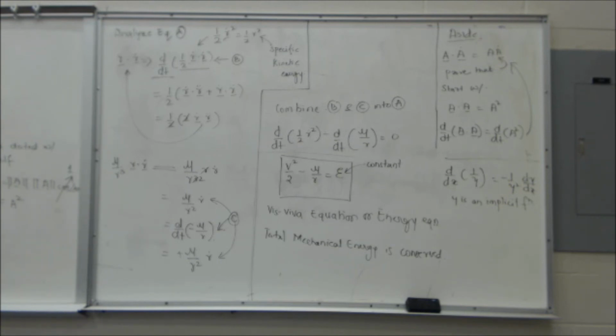Now, we'll just end the discussion with conservation of linear momentum. How do you express linear momentum? mv. If mv is constant, how do you prove mv is equal to constant?